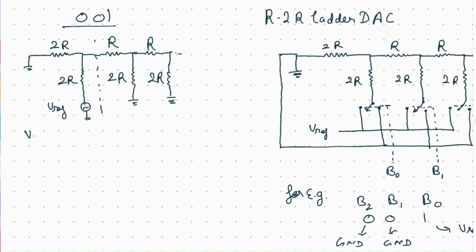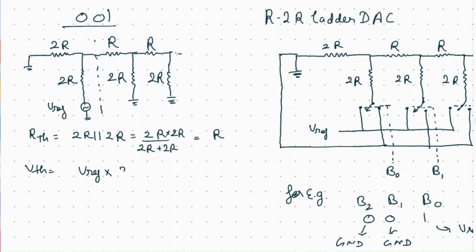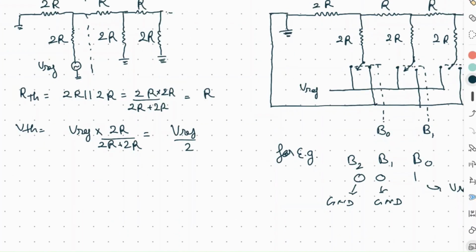Since 2R and 2R will be in parallel, the equivalent resistance will come out to be R. And the Thevenin voltage VTH will be V reference multiplied by 2R upon 2R plus 2R, which is V reference by 2. So the equivalent circuit will be a voltage V reference by 2 and a resistance R.